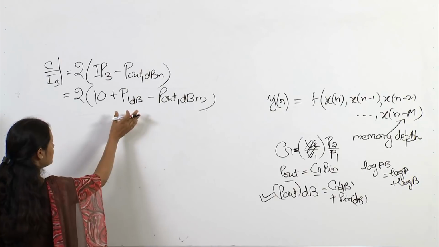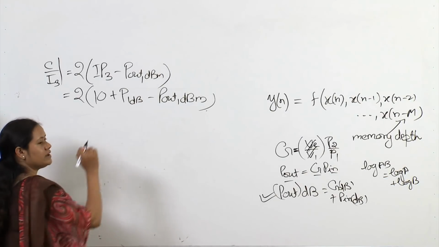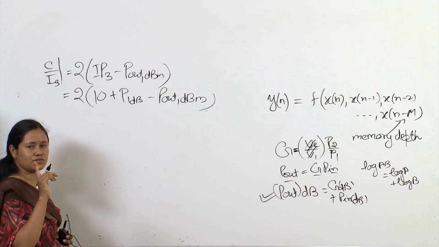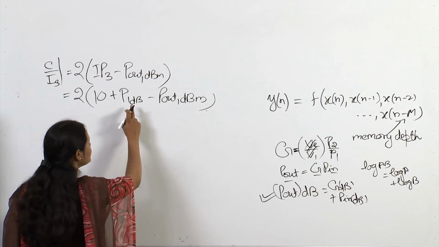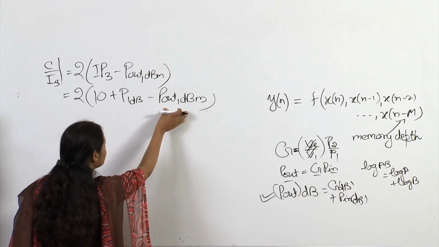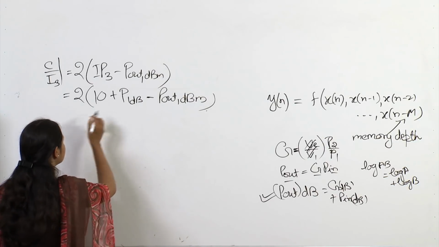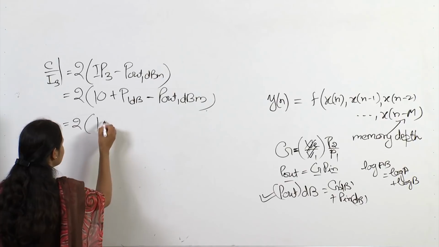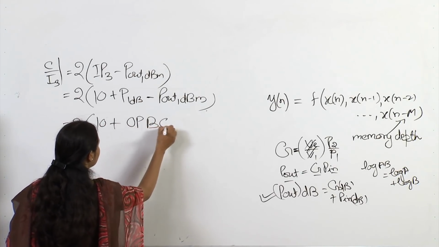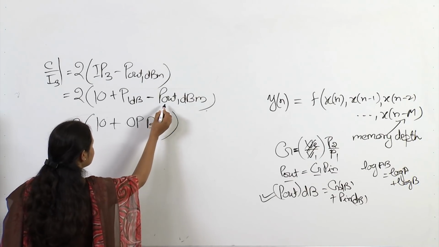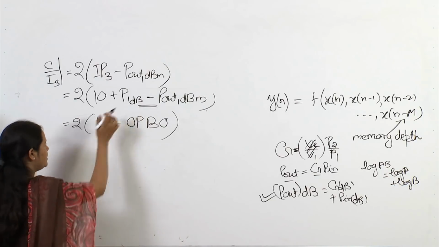Now, if we have a look at this point, this P1 dB is the point where saturation starts, and saturation has already occurred. Because of this, the power has dropped by 1 dB. So, we are talking about the current power which is subtracted from the saturation power. This is what will give us the output power back off. This distance is the output power back off from the P1 dB point.